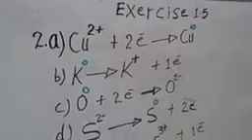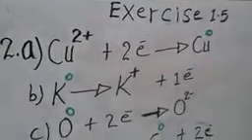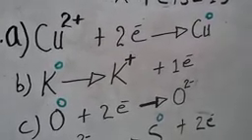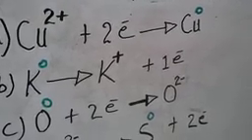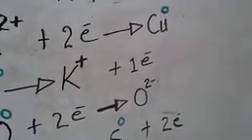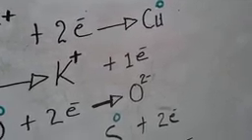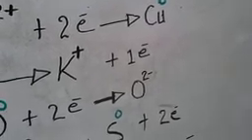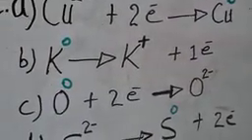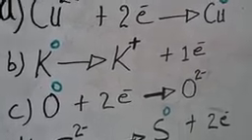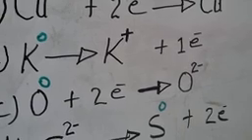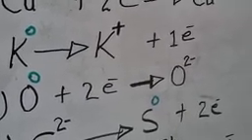Question number 2 of exercise 1.5 says: A, copper 2+ charged particle plus 2 electrons gives copper metal, which is an uncharged particle. Therefore, a decrease in oxidation number from +2 to 0 means a reduction reaction. When it comes to B, potassium from 0, the atomic form, goes to potassium +1 plus 1 electron.